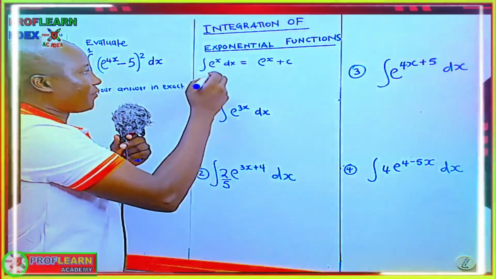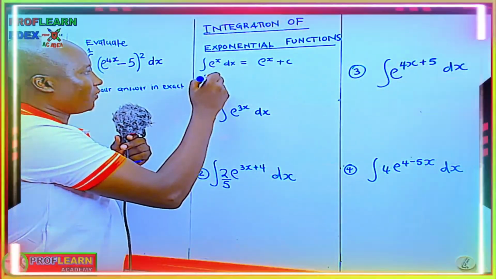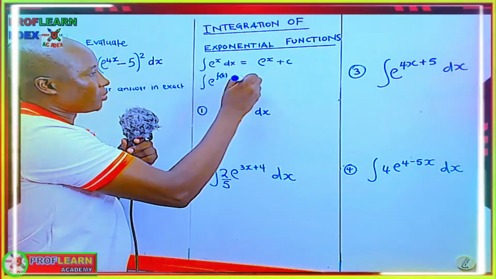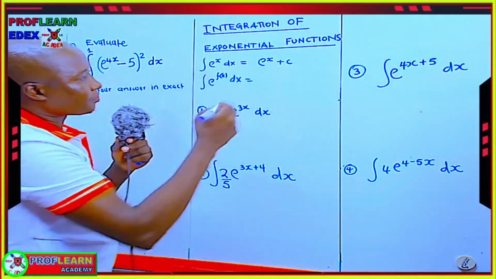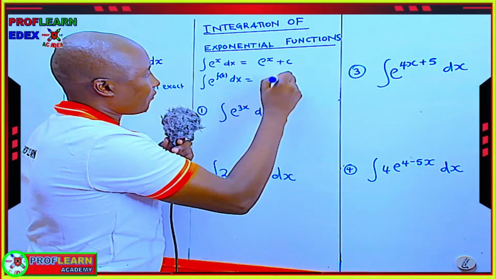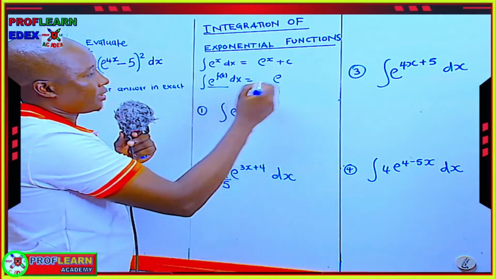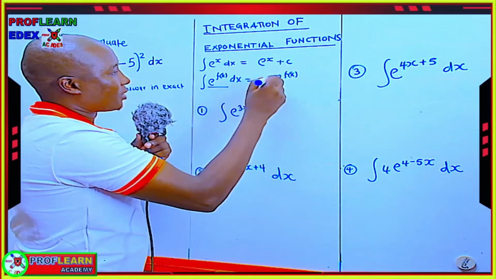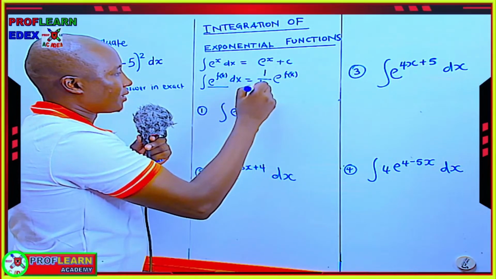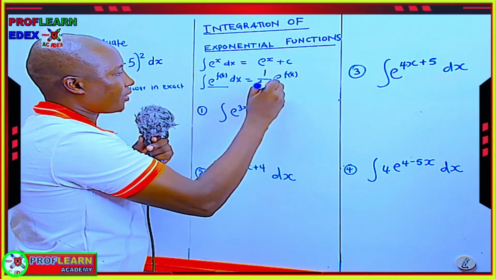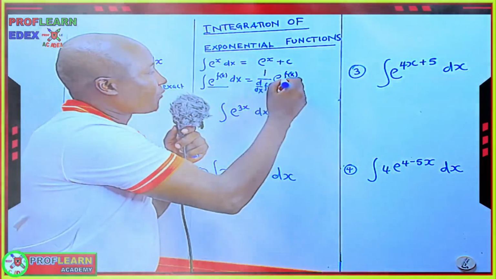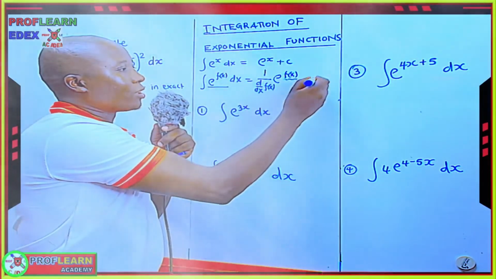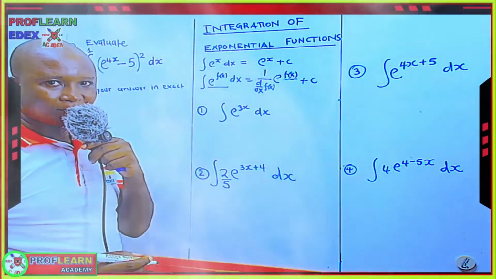But if you have the integral of e to the power f of x with respect to x, we write the function e to the f of x, but we multiply by 1 over d/dx of f of x. So we differentiate the power, divide by it, and then we say plus c.